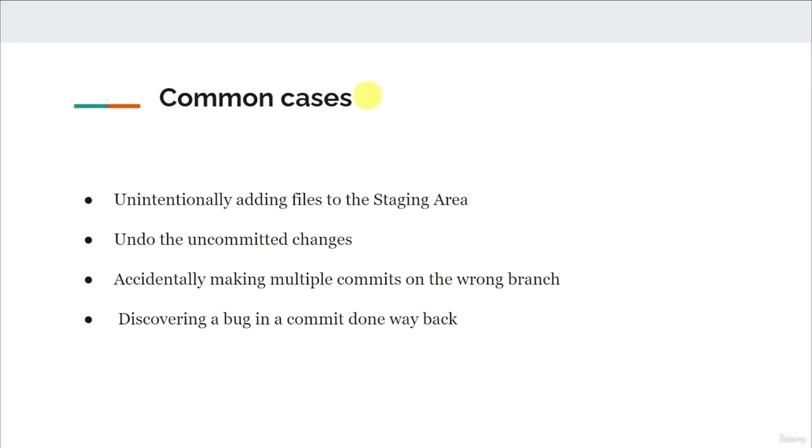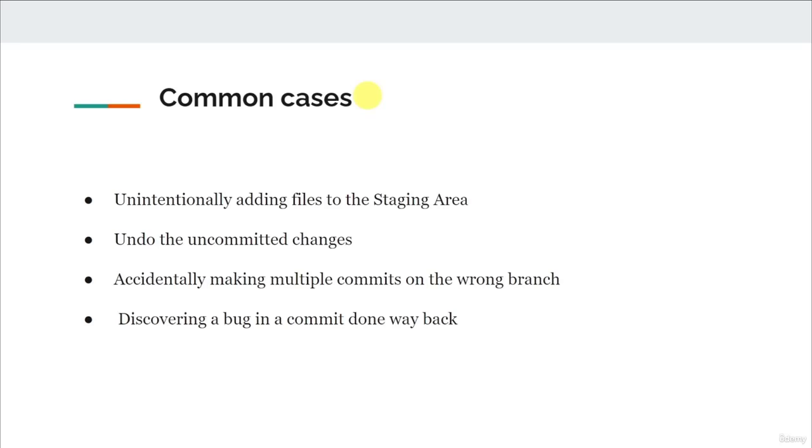We have more than 5 or 10 files, and based on the functions, we just want to create a commit. But accidentally we add some files that are not in that module or that function. So what we need to do is undo that staging. Okay, that is one case.